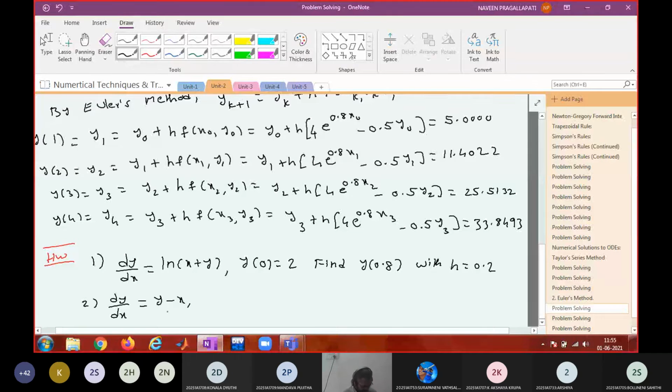Find y of 0.2 with h equal to 0.1. Also compare with the exact solution.